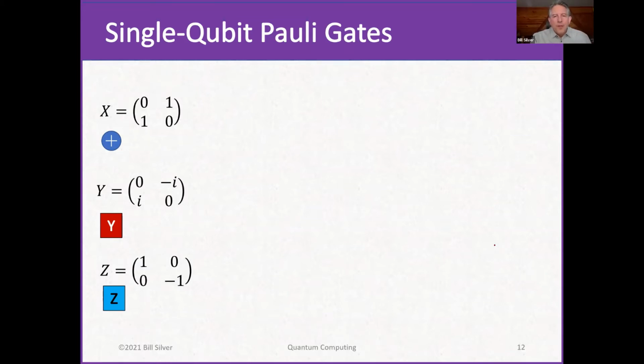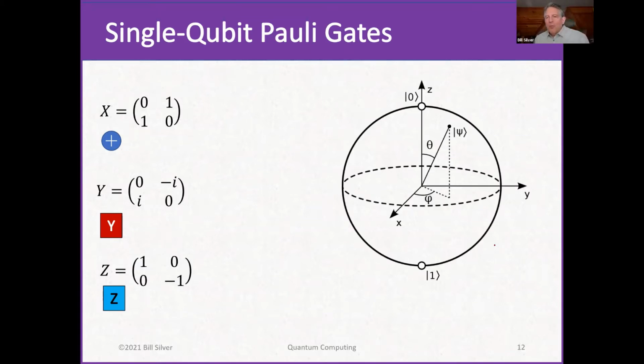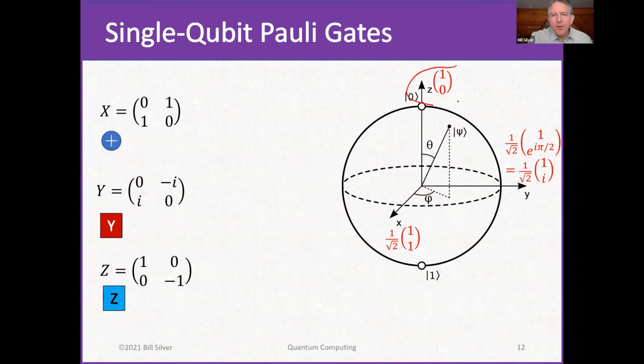If we go back and take one more look at the Bloch sphere, what you'll notice is that the three axes of the Bloch sphere correspond to certain unit vectors. The North Pole, the z-axis, is the zero basis state, and you can see that up here.